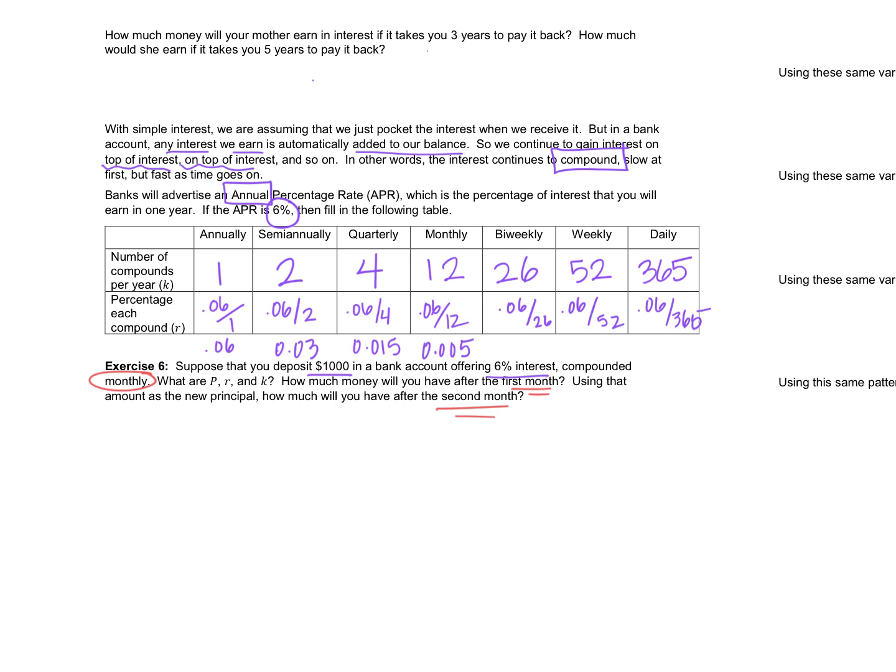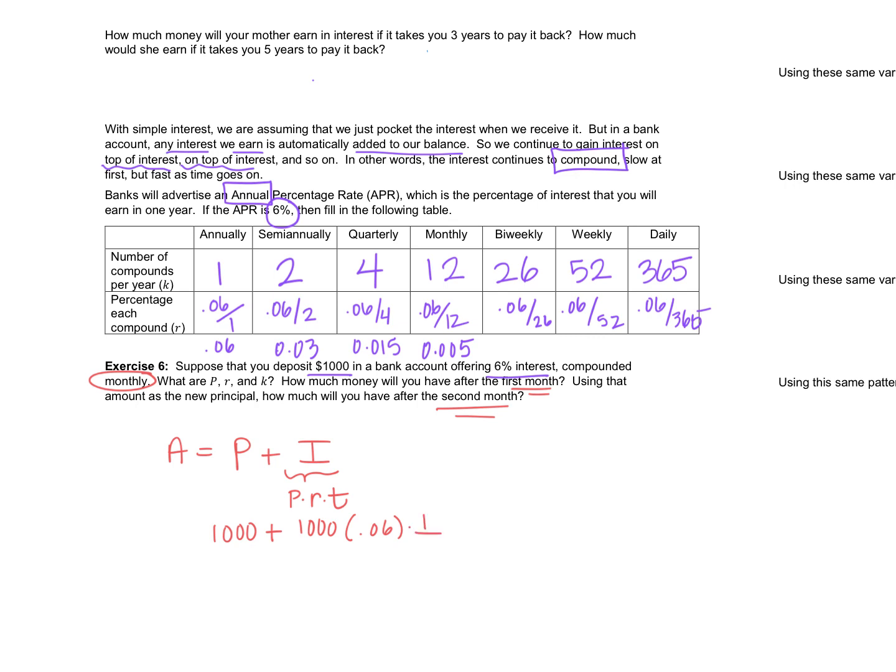So we know that the amount of money that we have is equal to our principal amount plus our interest. Remember that our interest can be found by looking at the principal times the rate times the time. And so what we're looking at here is 1,000 plus, we're going to take a percentage of that 1,000. Now, it's not 0.06 because we need to take into account the compounding.